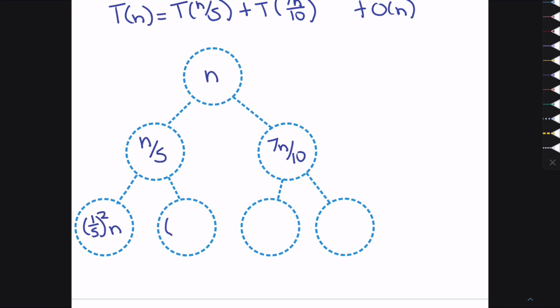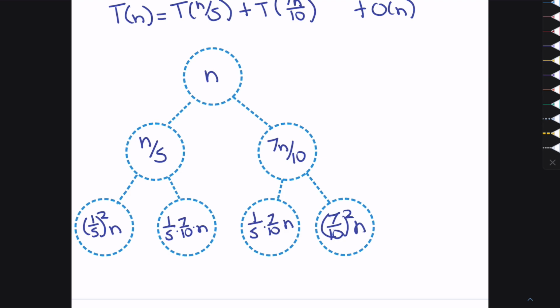This will be 1 over 5 times 7 over 10 times n. This will also be 1 over 5 times 7 over 10 n. And this will be, I guess, 7 over 10 squared. And you imagine the next level is going to be similar.